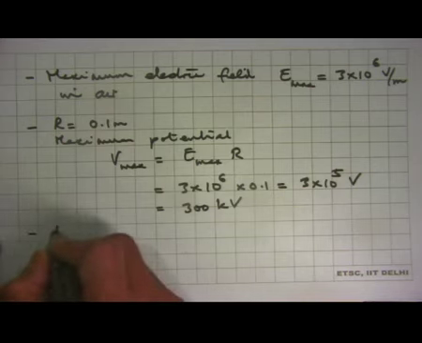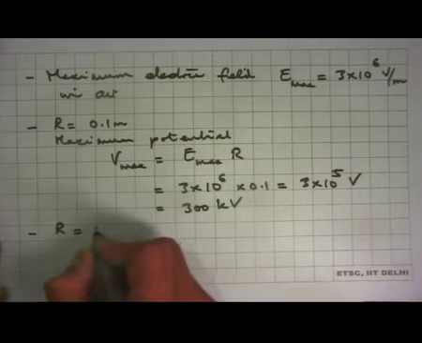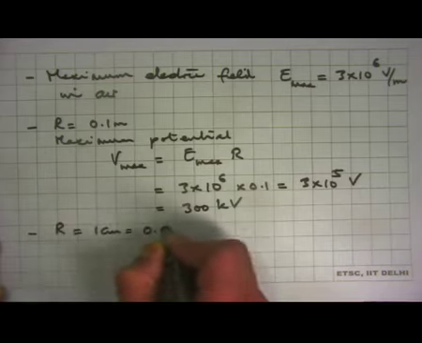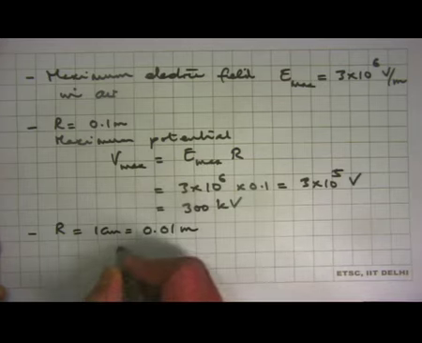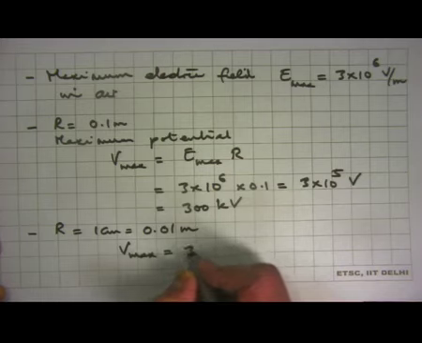If you decrease the radius to r equal to 1 centimeter, which is 0.01 meters, V max reduces by a factor of 10 and you get 30 kilovolts.